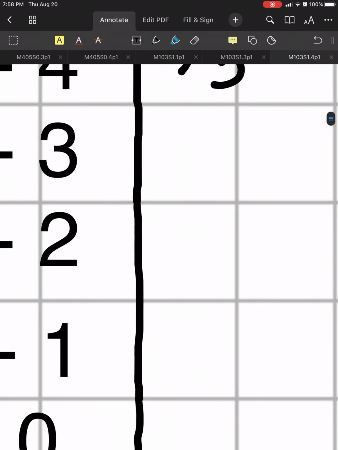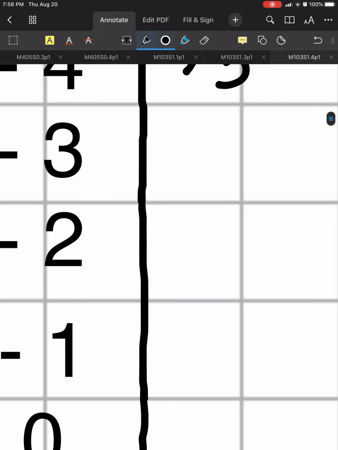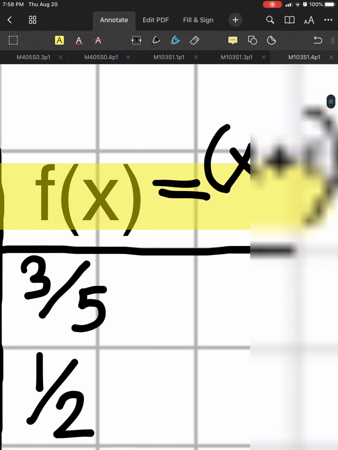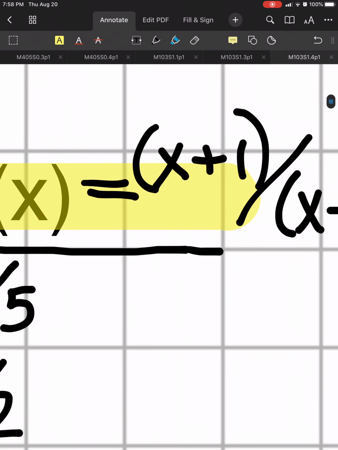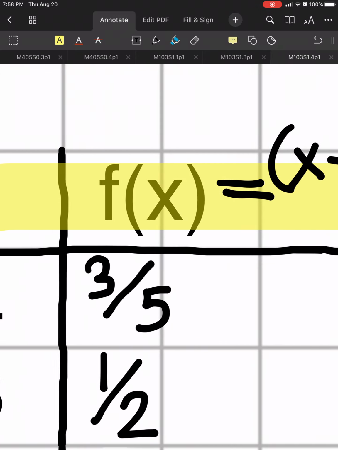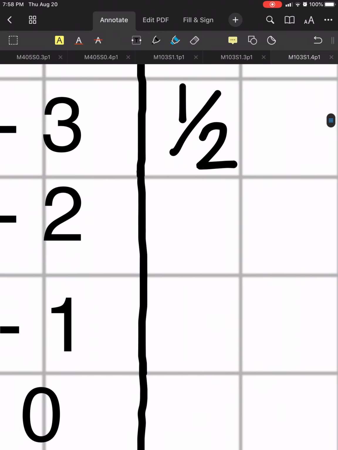Plugging in negative 3, I should get negative 2 over negative 4, which would wind up being 2/4, or 1/2. If I plug in negative 2, I should get negative 2 plus 1 is negative 1, over negative 2 minus 1 is negative 3, so that should be 1/3.